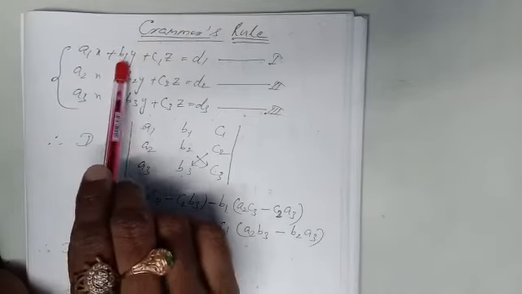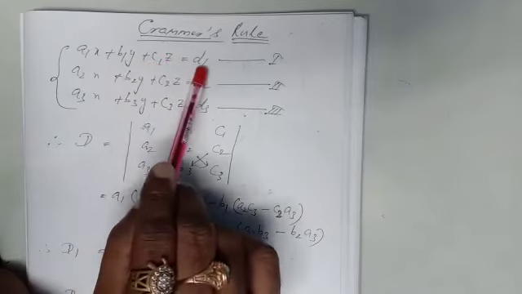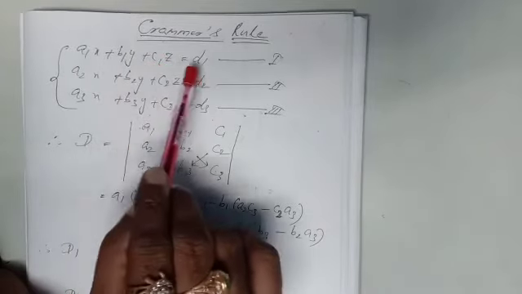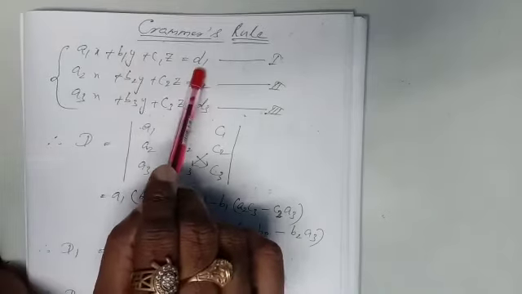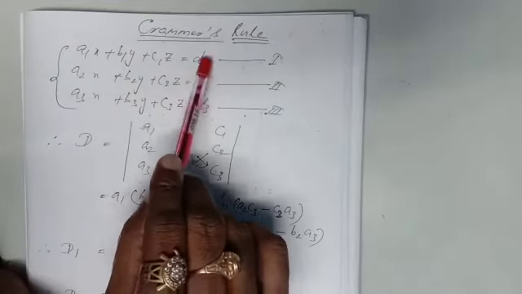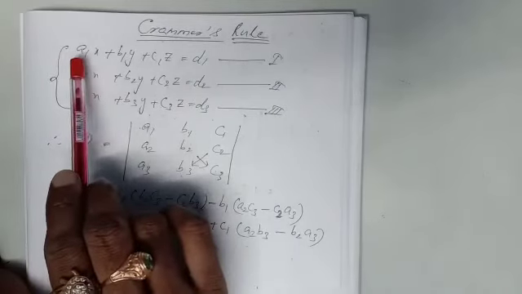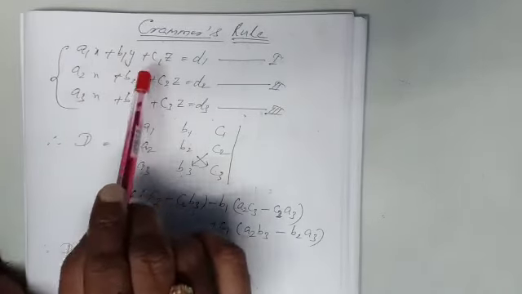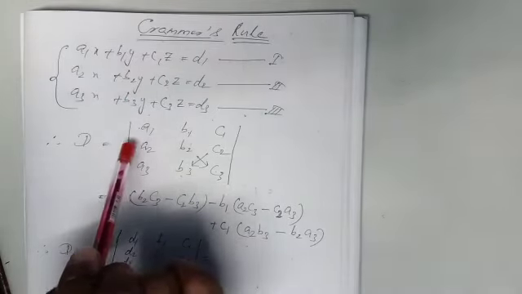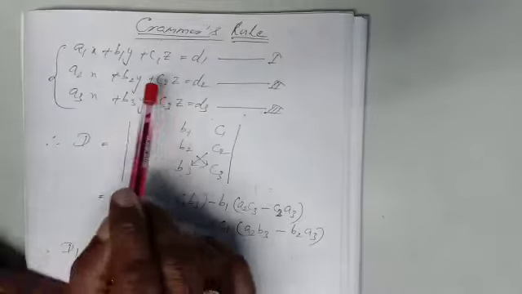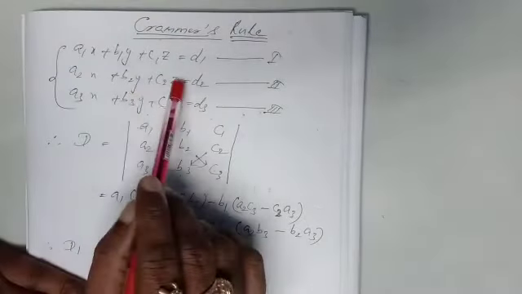a1x plus b1y plus c1z equal to d1. That is, the coefficients of x, y, z are a1, b1, c1 and the constant number is d1. The right hand side should be a number, and the left hand side should be the coefficients of the variables x, y, z. We have taken three equations.